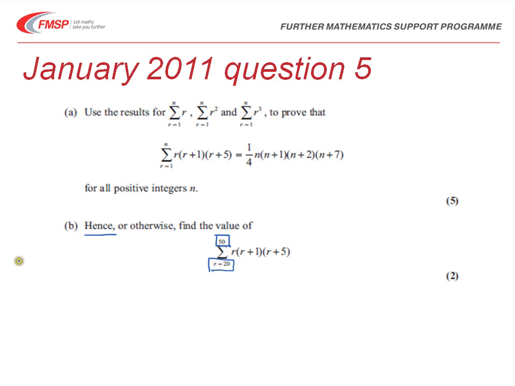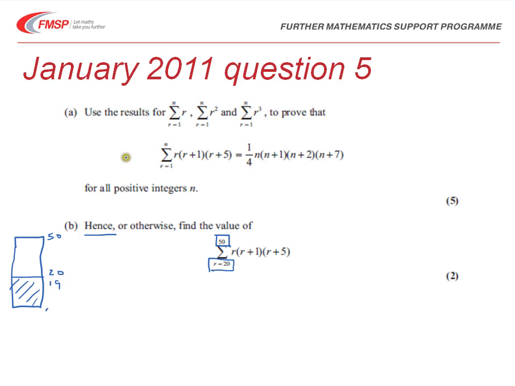Now this is a standard sort of technique. It's similar to the idea of integration. If you think about this as going from 1 up to 50, our summation, we actually want to go from 20 up to 50, so we need to take away everything below that, in other words from 1 up to 19.